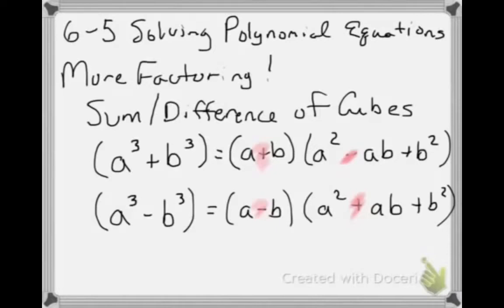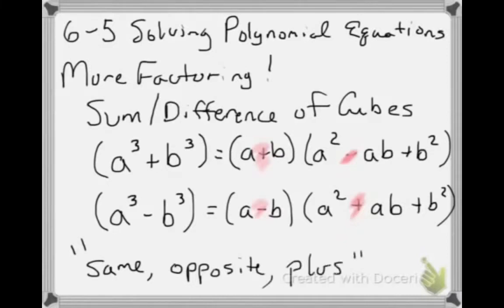Here's the way I always remember it. I memorize it. The pattern for the signs is same, opposite, plus. Here's what I mean by that. Once you get used to the 5 terms of the pattern, and by the 5 terms I mean a, b, a squared, ab, and b squared, which unfortunately the best way to keep those down is to memorize them, then to figure out where the signs go, I use this trick.